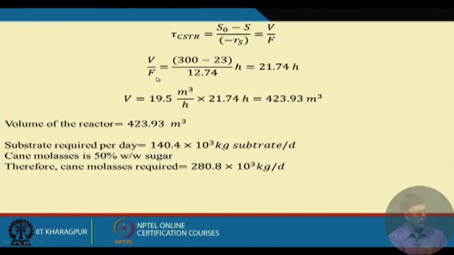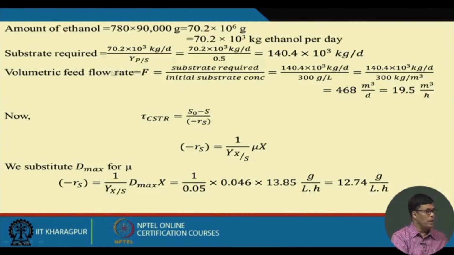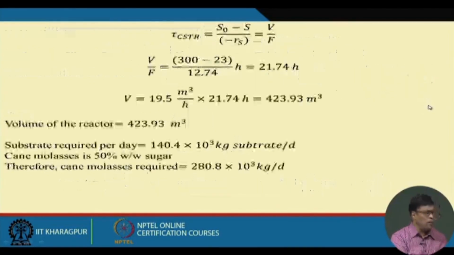The volumetric flow rate we have calculated previously is 19.5 meter cube per hour. So here we can put these values and multiply with the tau CSTR to get the volume of the reactor. The volume of the reactor is coming like this.